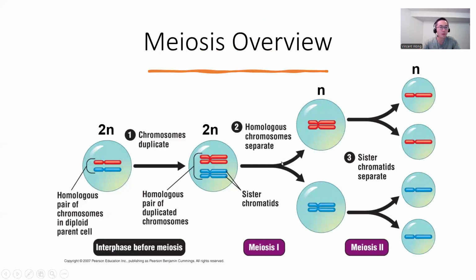So here is an overview of meiosis. We have 2N, and after DNA replication, it is still 2N, and then the cell would divide. In this case, because these are still considered as the same chromosome stuck together, even after the first division, it's already considered as haploid.